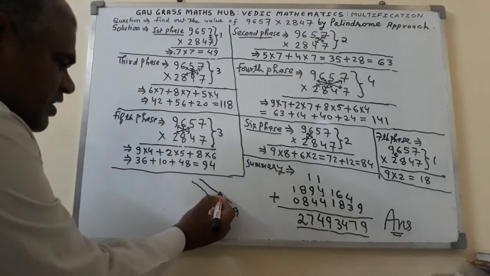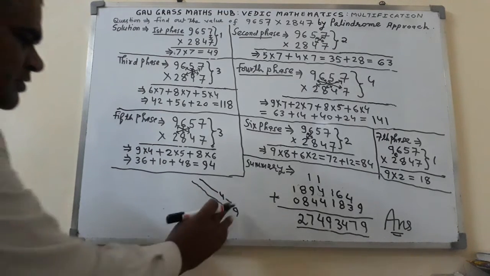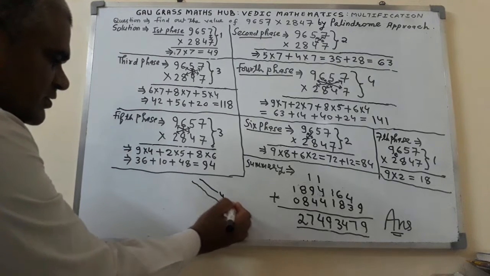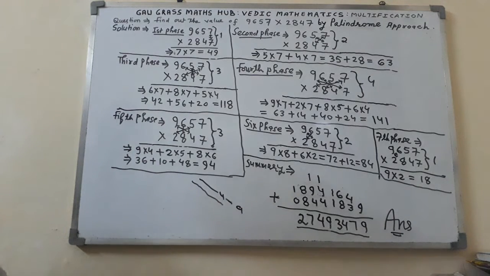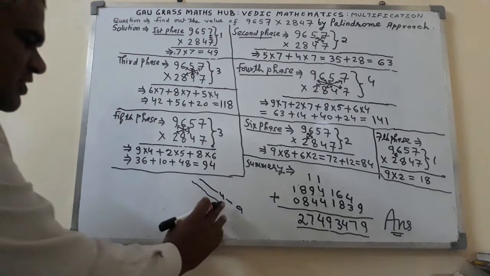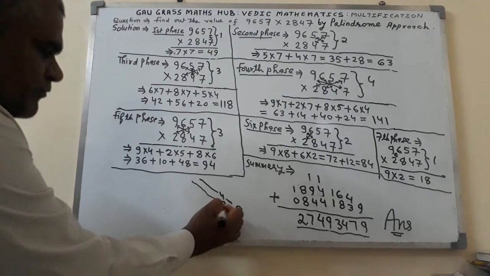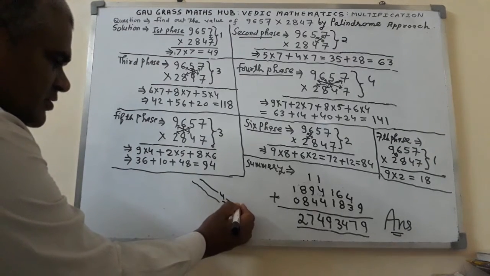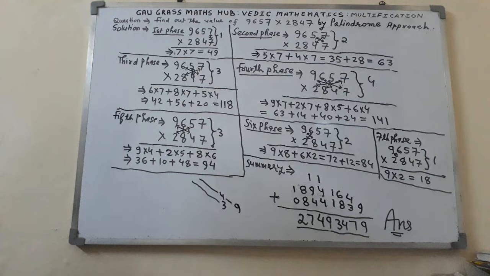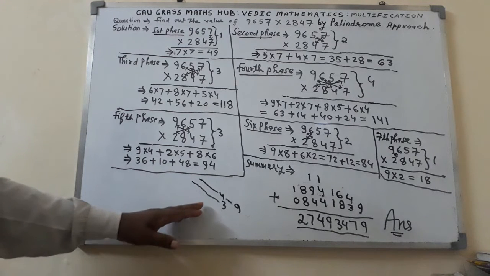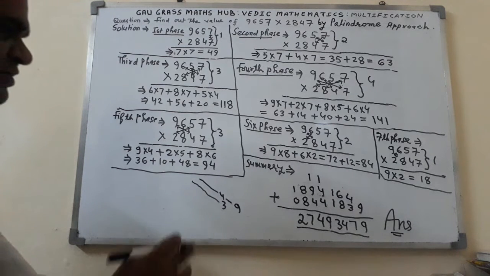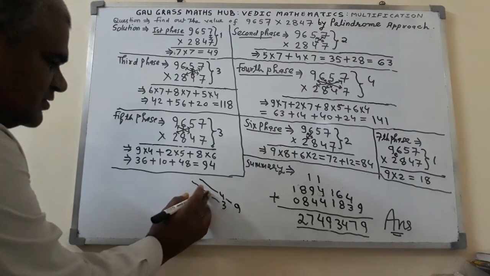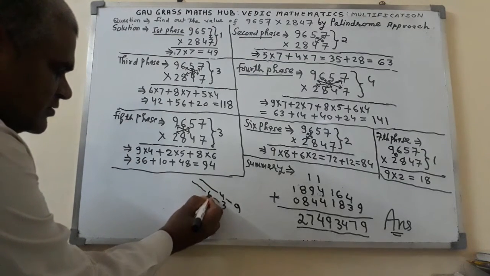At this place we have got 4. Here we have got 9, like this. Just here we will get 3. This is 9, like this. And above 3 you will get here 6.